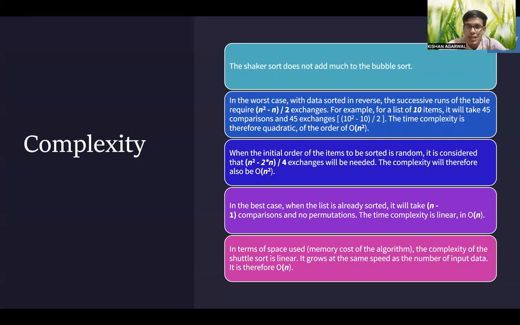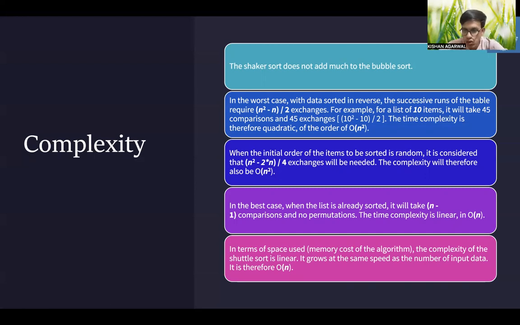That means in the worst case, with the data sorted in reverse, the successive runs require (n square minus n) by 2 exchanges. For example, for a list of 10 items, it will take 45 comparisons and 45 exchanges as a maximum, that is (10 square minus 10) by 2. Right? The time complexity is therefore quadratic, of the order of big O of n square.